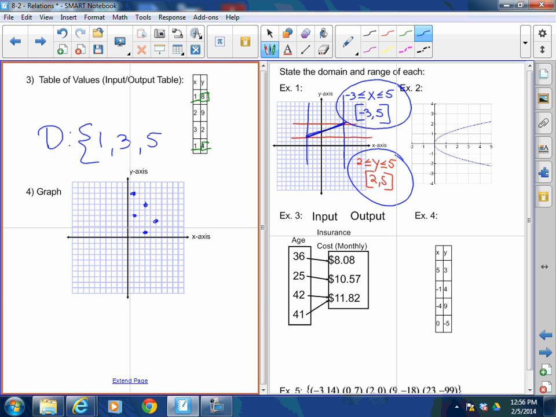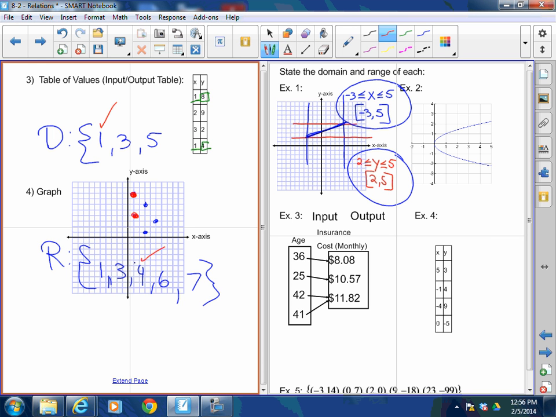The range, the only ones that showed up here were 1, 2, 3, 4, 5, 6, and 7. Do you guys see that? Check it out. This point here, that's 1, 1, 2, 3, 4. So there's the 1 from the domain. There's the 4 from the range.